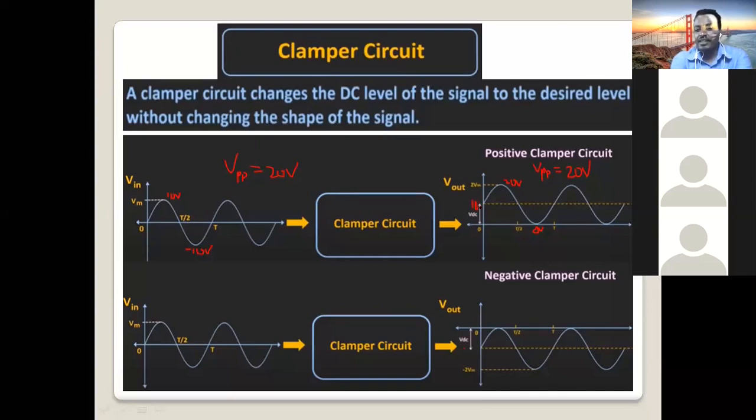The DC value shifts from 0 to 10 by this clamper circuit. The AC voltage, the waveform, and the peak-to-peak voltage remain the same. Even if you read this with an AC voltmeter, the RMS value of the input and output signal remains the same. So the only effect of a clamper circuit is to shift the DC level of the signal without changing the waveform and the peak-to-peak voltage.